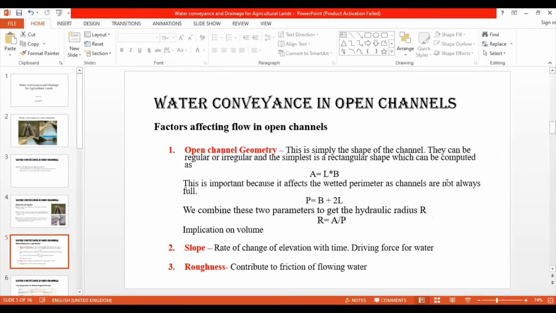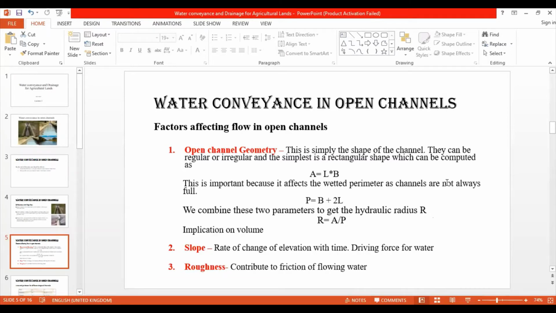So instead, we combine it with the perimeter, which shows the amount of area occupied by the water. Usually we combine these two parameters: the area, which is the full potential, and the perimeter, which relates to the area occupied by the water.